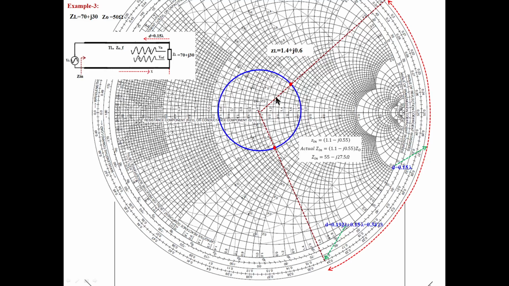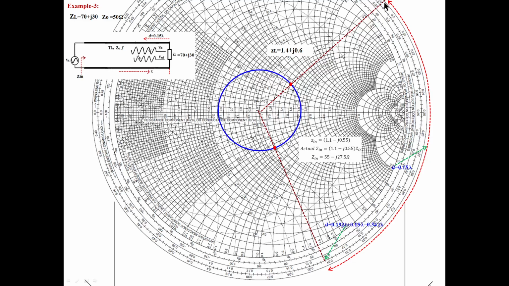How to move that? Draw a line from the center of the Smith chart passing through the load. Our load is at 0.192 lambda on the towards-the-generator wavelength scale. 0.19 is there, but one division ahead of that is 0.192.